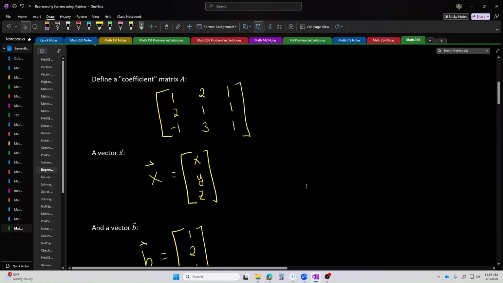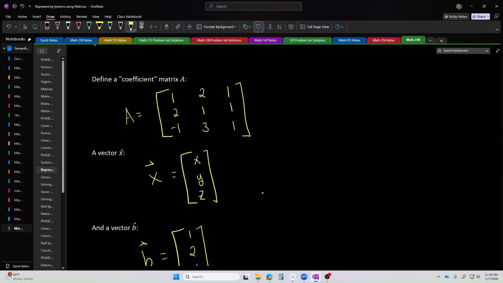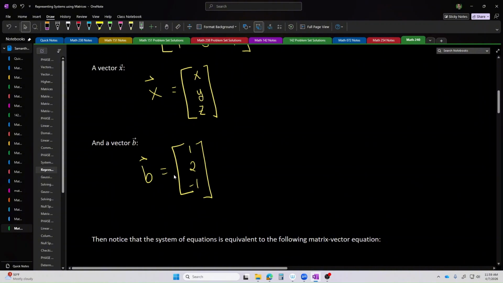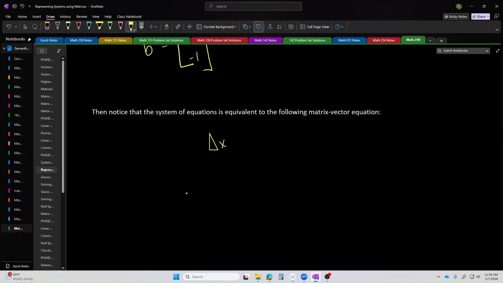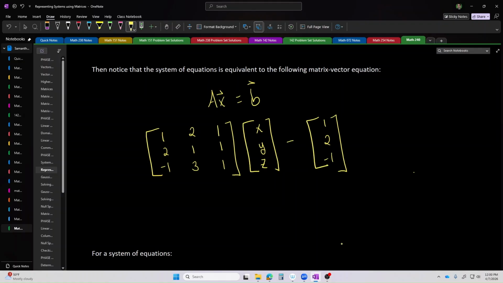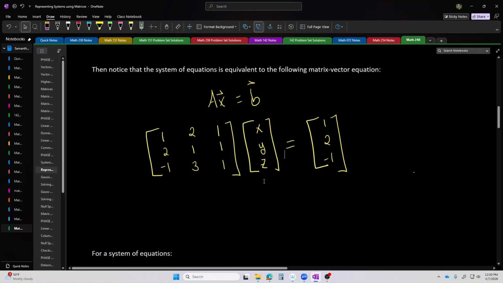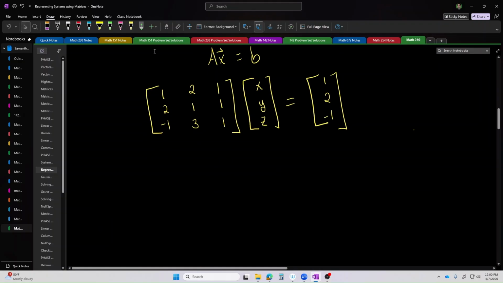Now, if you define these 3 matrices in this fashion, coefficient matrix, variable vector, and output vector, consider what happens if we think about the matrix equation A times X equals B. Let's see what happens when we evaluate this matrix product on the left-hand side.